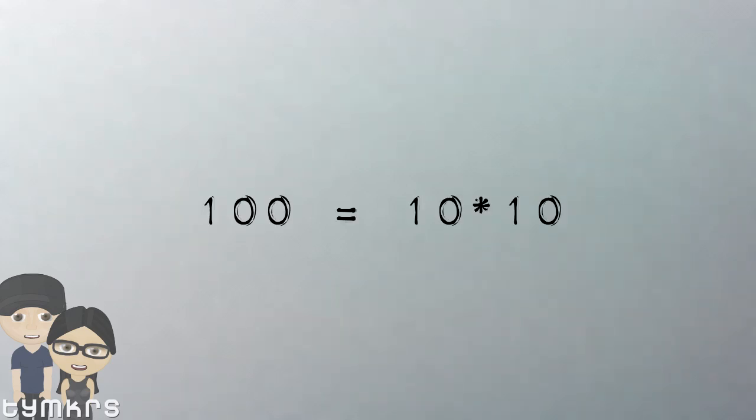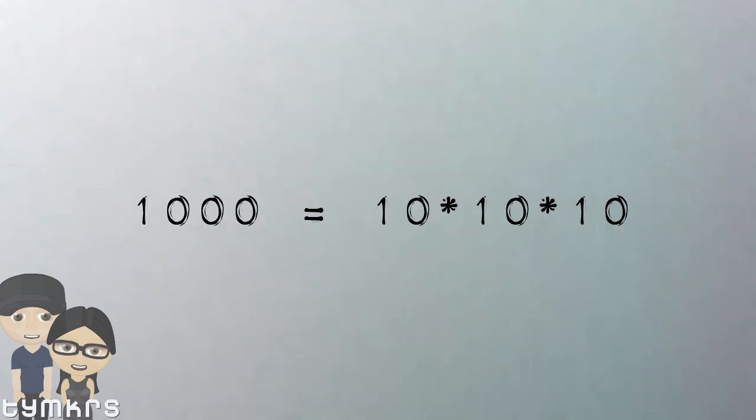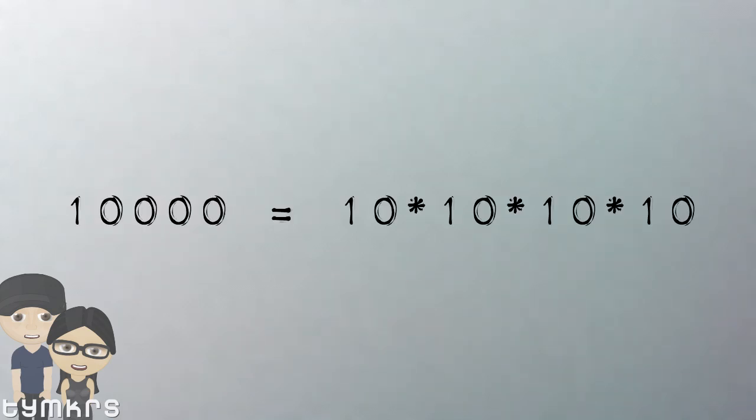So 100 is 10 times 10, so it's 2 tens multiplied together, and 1,000 is 10 times 10 times 10, 3 tens there, and 10,000 is of course 4 tens. But there's a shorthand way of doing that, which I'm sure everybody learned in school, using exponents.